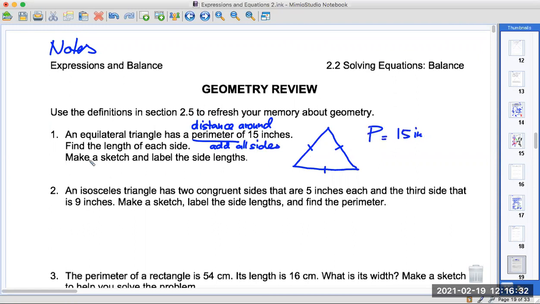And we want to find the length of each side, but they're all the same. So I can just divide that by 3, right? And that leaves me with 5 inches for each side. So perimeter, equilateral triangle, okay? An isosceles triangle has 2 equal sides.